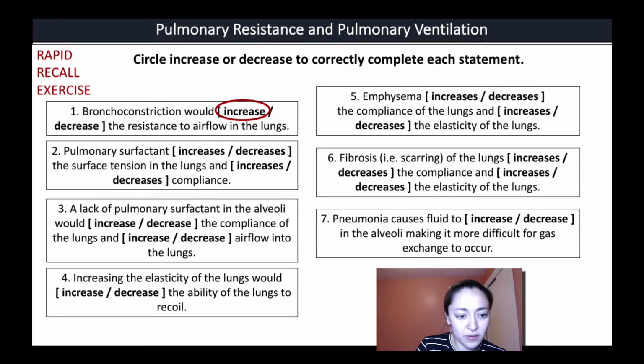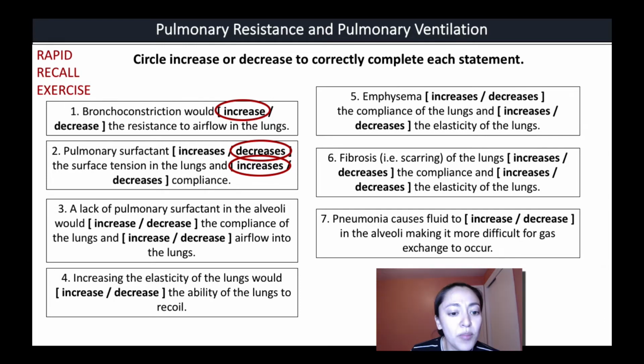Well, pulmonary surfactant is a good thing, and it's found in the alveoli, so it's going to decrease the surface tension in the alveoli, and it's going to increase the compliance because it's going to prevent the alveoli from clinging together. It's going to allow them to expand easily with air.